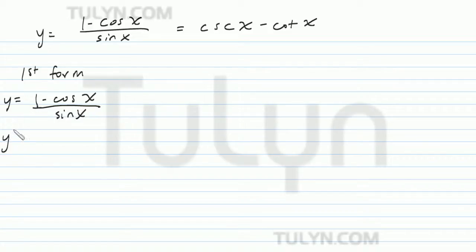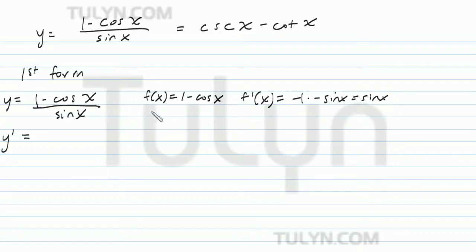y equals (1 minus cosine x) divided by sine x. And so if we take the derivative of y, which is y prime, using the quotient rule, where f of x equals 1 minus cosine x, f prime of x is equal to negative 1 times negative sine x, which is sine x, and g of x equals sine x, and g prime of x equals cosine x.